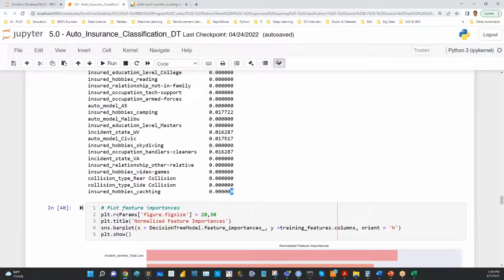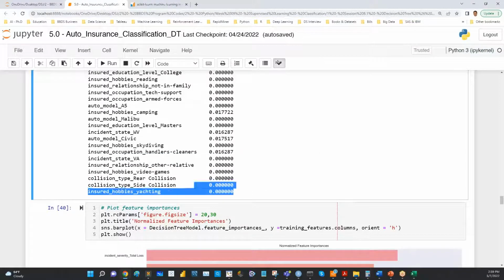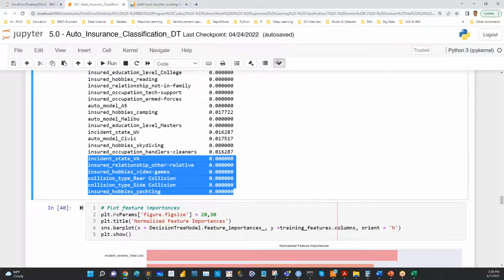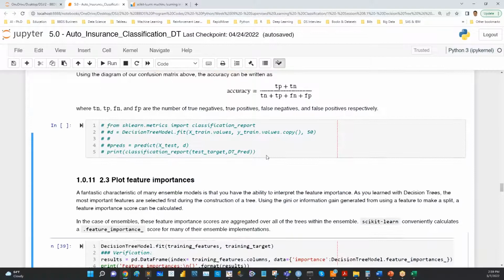Whether you keep them or use them, it is still going to be zero. They don't have any impact. If you keep them, it's going to slow down the process, because the model has to go through them anyway, regardless of whether it is going to use them or not. The model is going to use them, but they have a zero. So we removed all the zeros, and now let's take a look at these features.